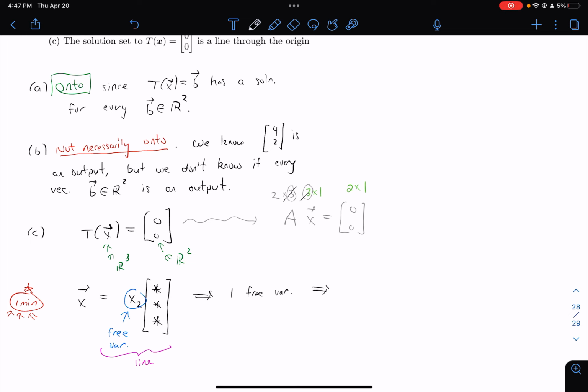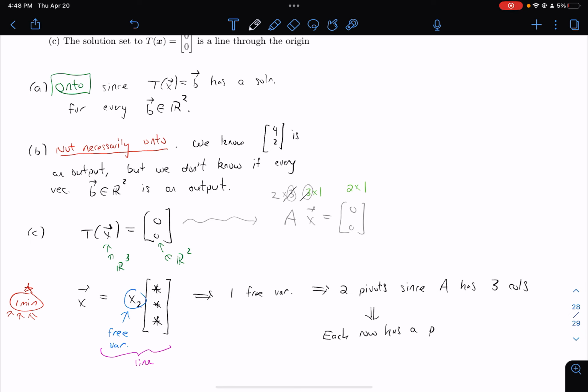Well, one of them corresponds to a free variable, which means there's 2 pivots, since A has 3 columns. But if there's 2 pivots and A has 2 rows, that means each row has a pivot.